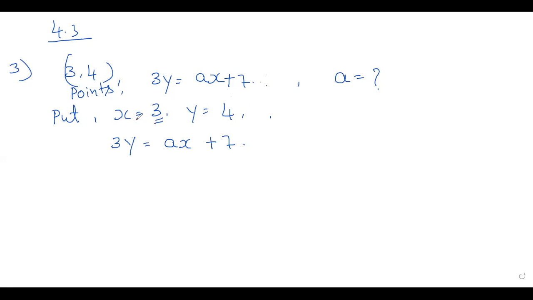Write 3 in place of x, 4 in place of y. 3 into, what is y? It is 4. A into x is 3 plus 7. 3 4s are 12. 3 into a, that is 3a plus 7.